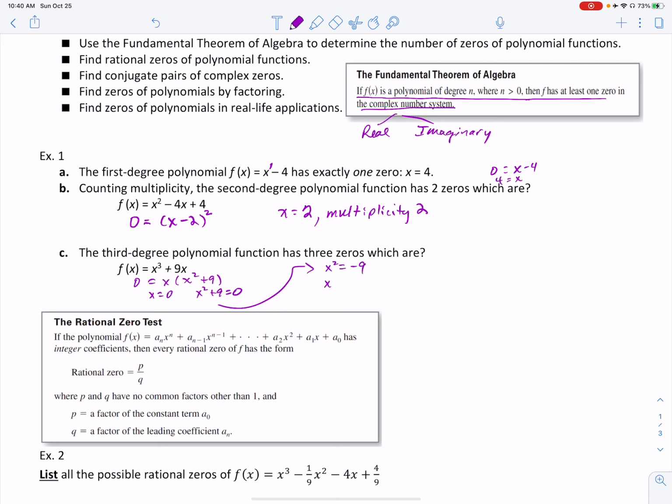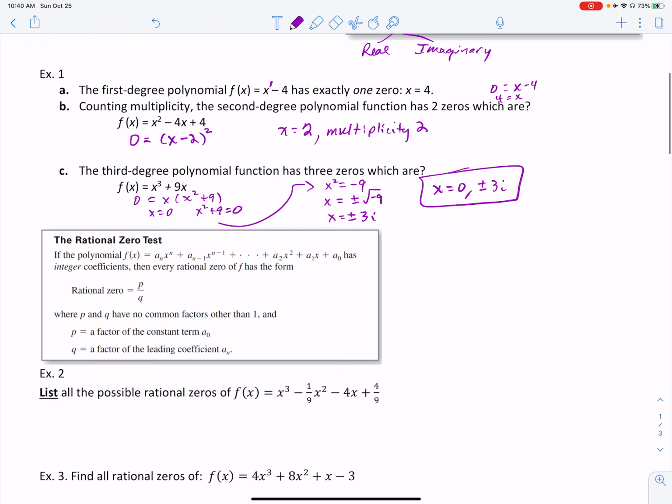So I take the square root of both sides, and I get plus or minus the square root of negative 9, which is 3i. So x equals plus or minus 3i. So the three zeros are going to be x equals 0 and plus or minus 3i. And we expect that because it's of degree 3.